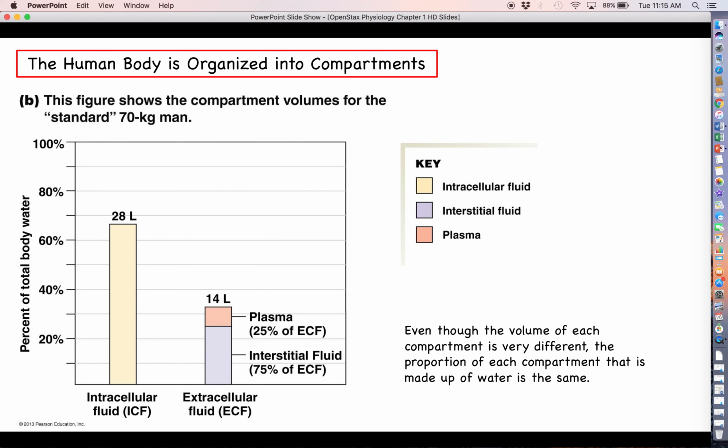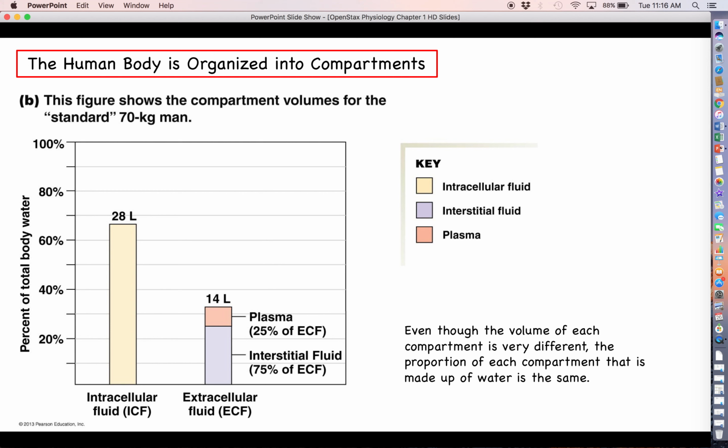So this graph is showing you the breakdown of all the water in your body broken down by the three compartments that we talked about. It might surprise you to learn that most of the water in your body is actually inside of cells. About 2/3 of all the water in your body is intracellular fluid. It seems weird because you don't really think of cells as containing a whole bunch of water.